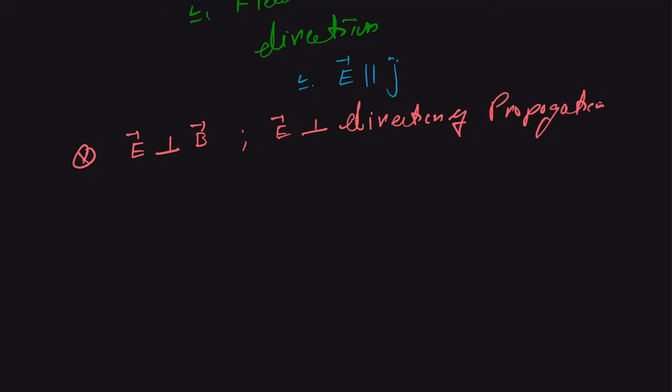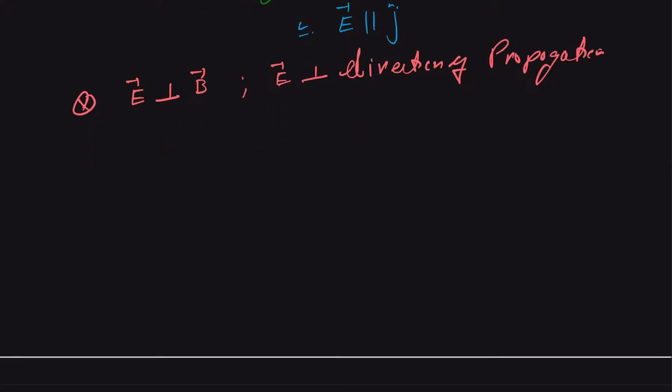And this is also true for our magnetic field. It is perpendicular to the direction of the propagation. And we can also write that our electric field, magnetic field and propagation direction form a right-handed system. Okay, so this is important here.